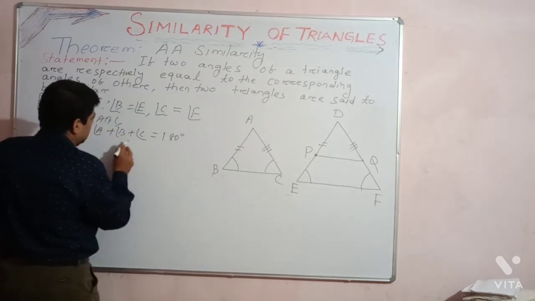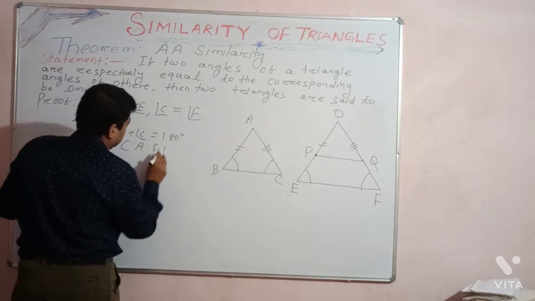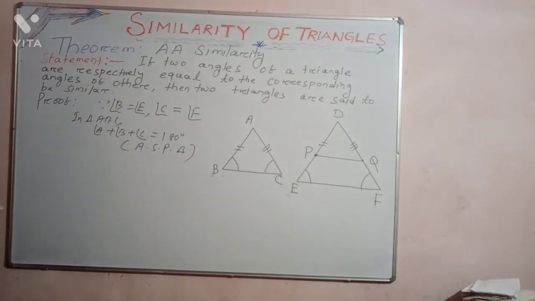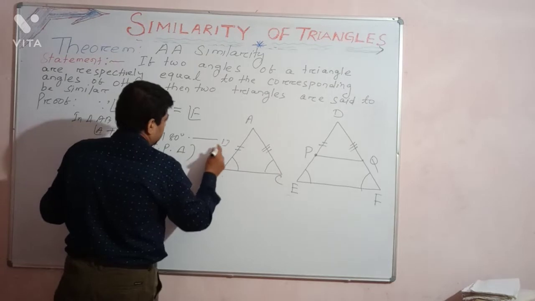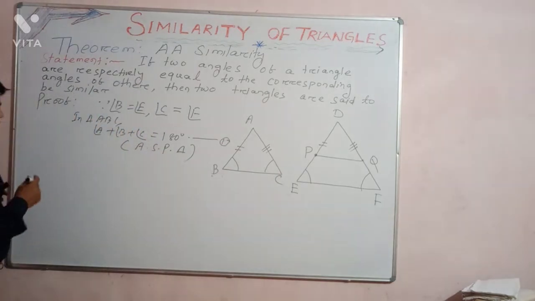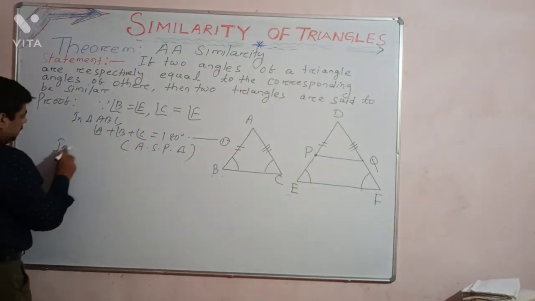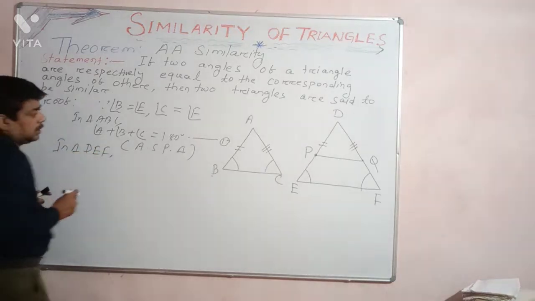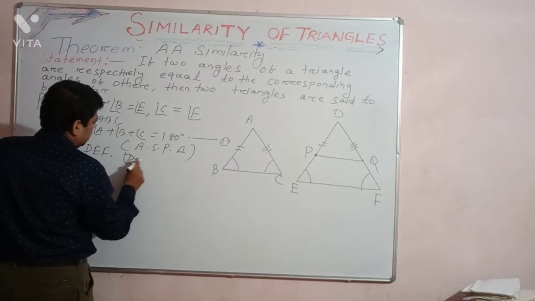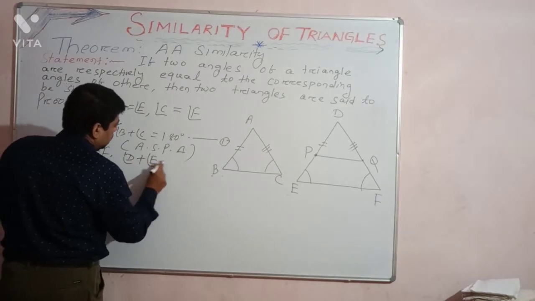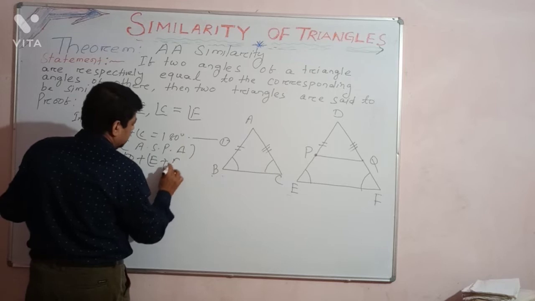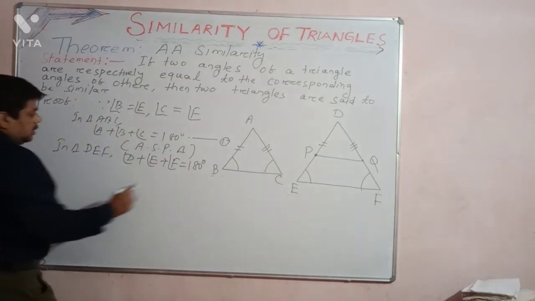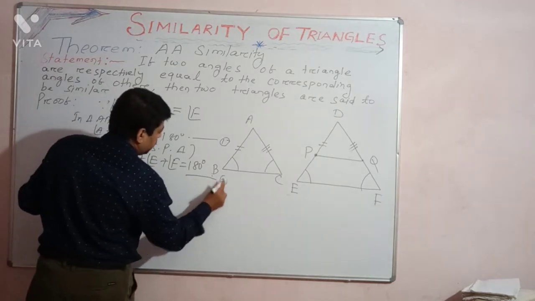This is the angle sum property of a triangle. The sum of the three angles of a triangle is 180 degrees, and this is point 1. Similarly, in triangle DEF, angle D plus angle E plus angle F is also 180 degrees. This is point 2.